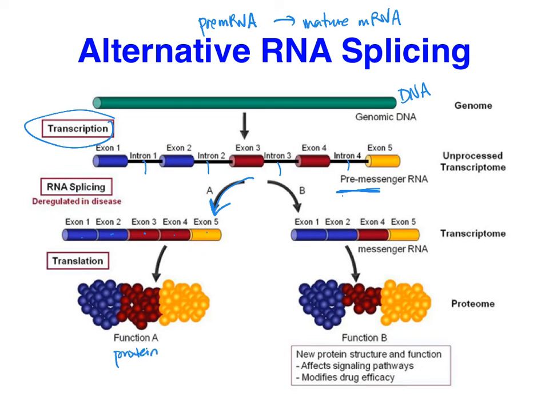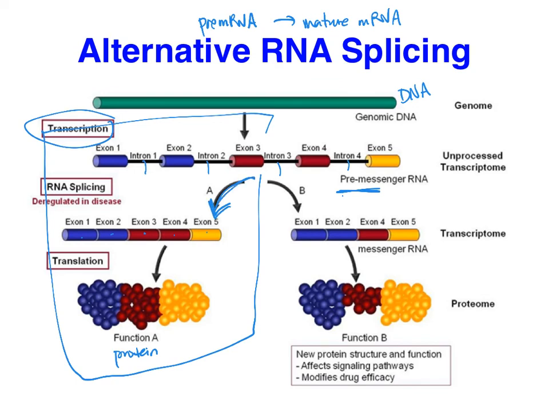Okay, and for many, many years, scientists believed that this left side of the diagram was the only thing that occurred. But now we know that this version of RNA splicing is not the only version that's possible.